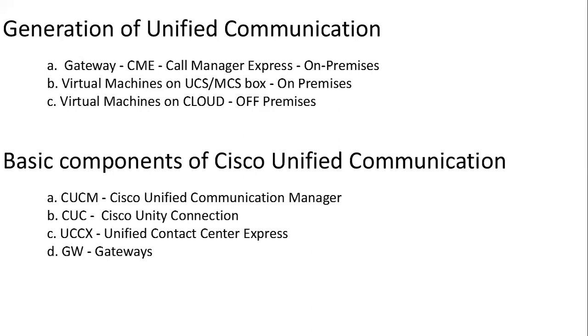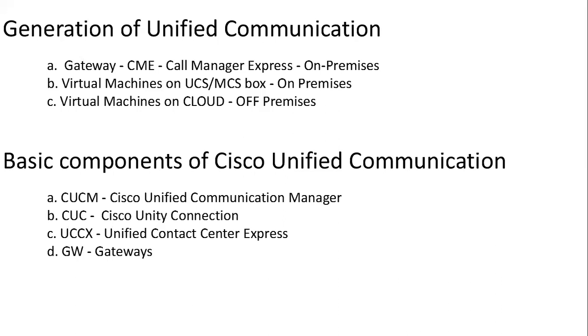Yeah. So then the second component is Cisco Unity Connection. The main function of Unity Connection is to provide the voicemail service for the collaboration environment. In Cisco Unity Connection, there are also call handlers, which are responsible for small call routings; it's like a small form of script.